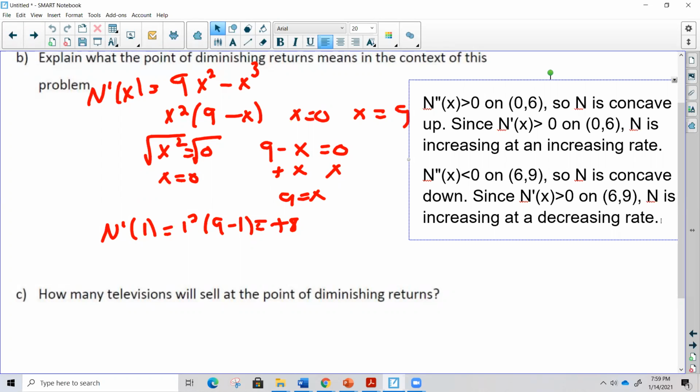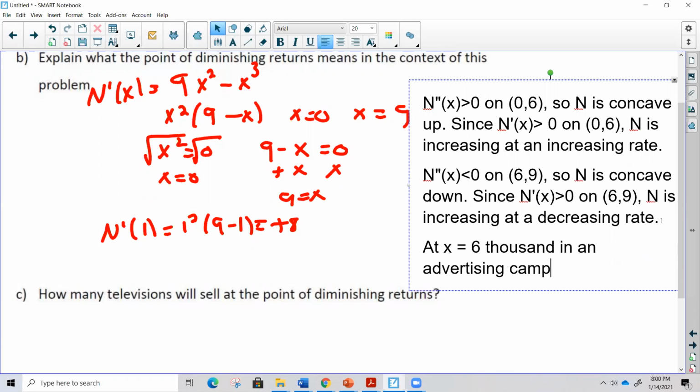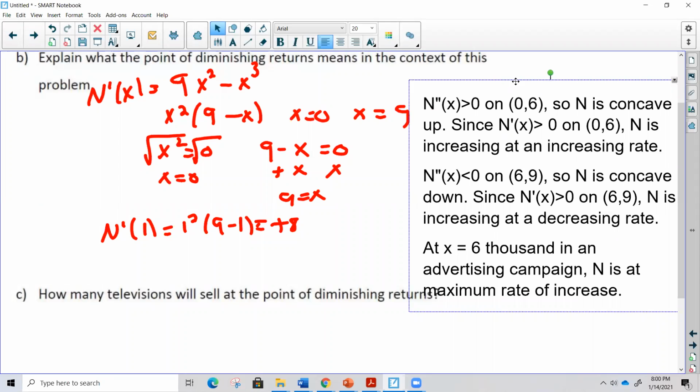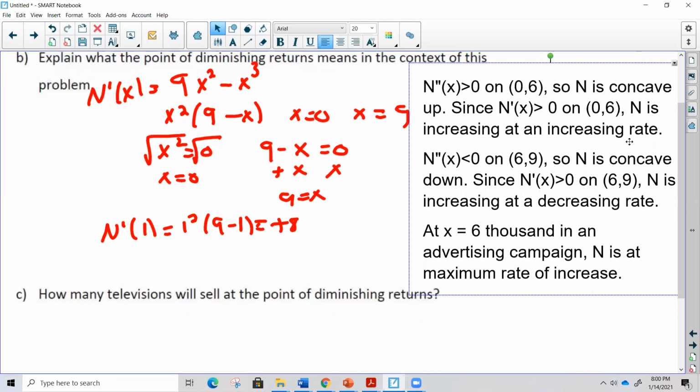And when we have a max, we were talking about the store investing x thousand dollars, so at x equals 6,000 in an advertising campaign, it is at a maximum rate of increase. So if we produced any more than n equals 6, then my output starts to slow down. And that's our point of diminishing returns.